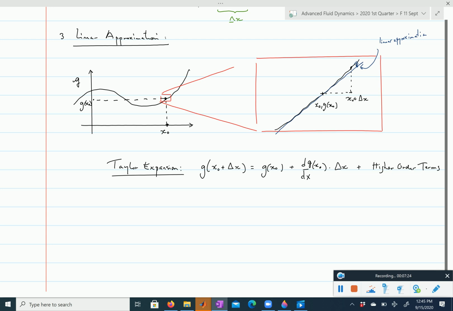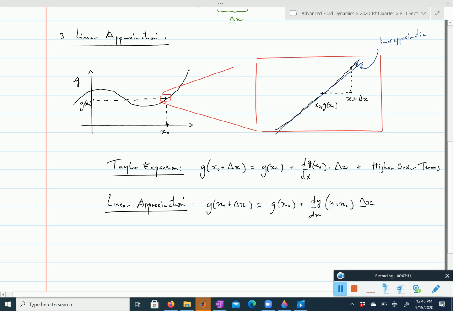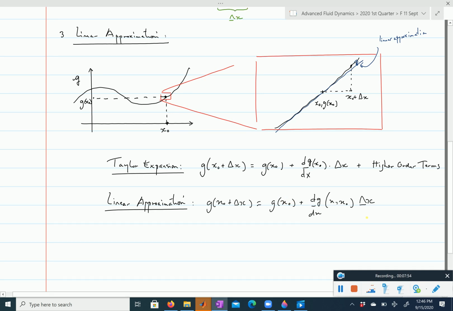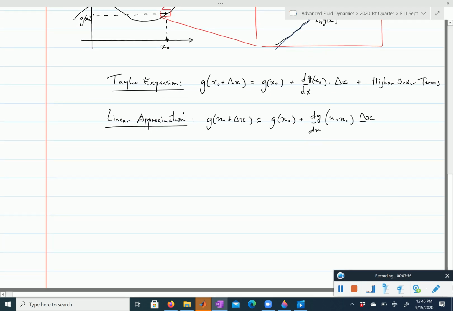And the linear approximation is simply to say that we neglect these higher order terms here, and to directly say that the value of the function in the neighborhood of x0 is roughly equal to this, which is the value you would get by assuming that you had a straight line, so this blue line here. So g at x0 plus delta x is roughly equal to g at x0 plus the value of the derivative at x0 times delta x. And from here you can clearly see what we discussed before about how we can interpret the value of the derivative of g.